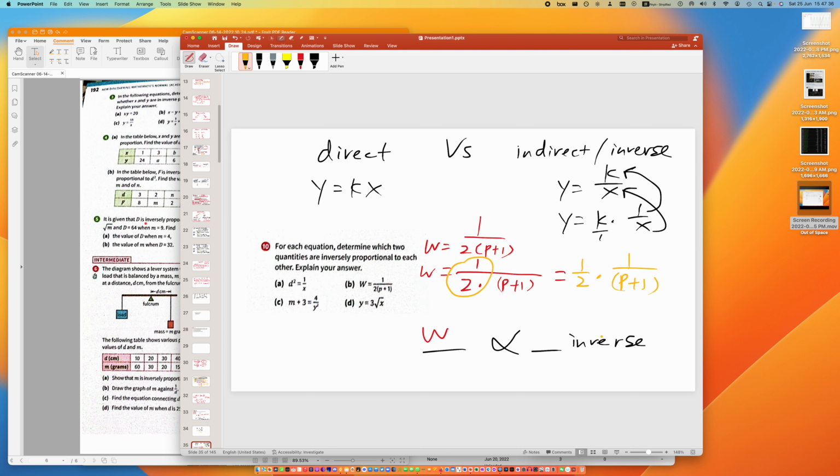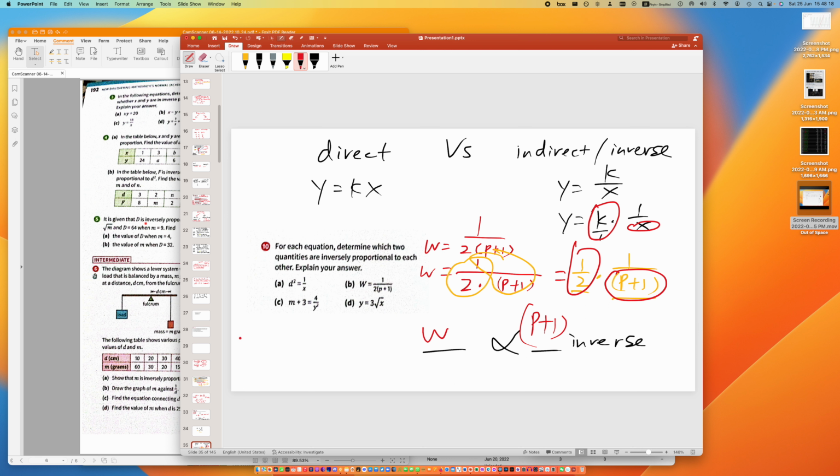Now you compare these two to above. Your k is actually your half, and your x is actually your p plus 1. So you need to be good with this algebraic manipulation, how to split.